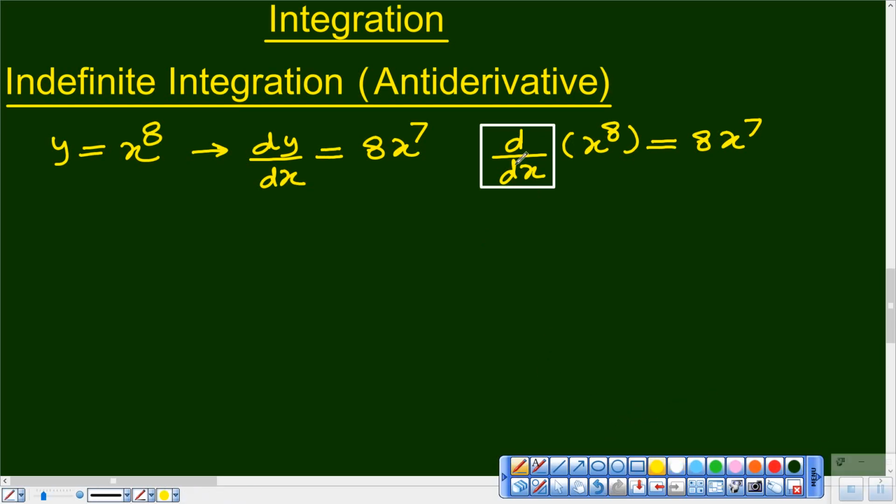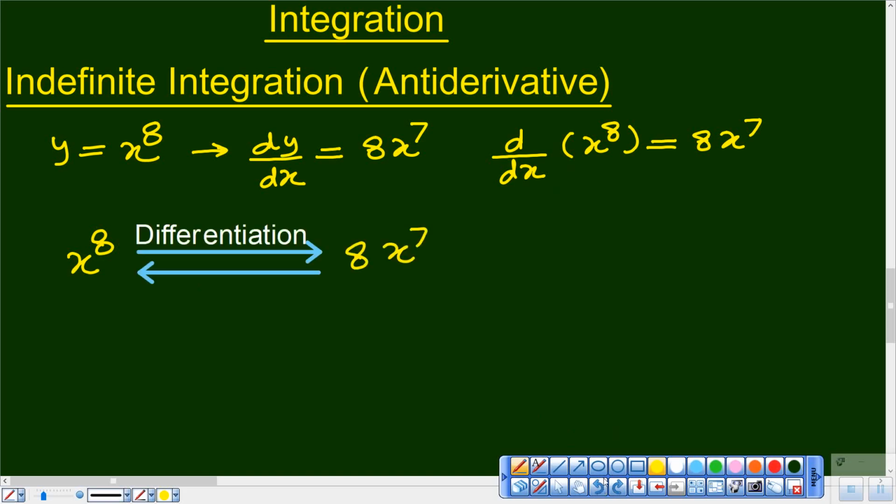So d by dx is a symbol which differentiates the quantity written after it. So I can say in a different way, when x raised to the power 8 is differentiated, I get 8x raised to the power 7.